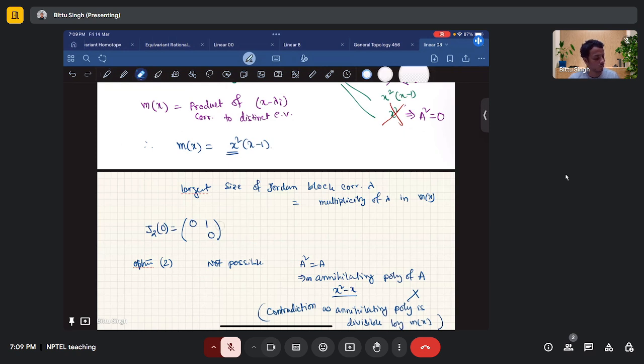Because for this we can take the vector 1 0 1 0, and corresponding to this we can modify by multiplying with P inverse. So this is actually true.